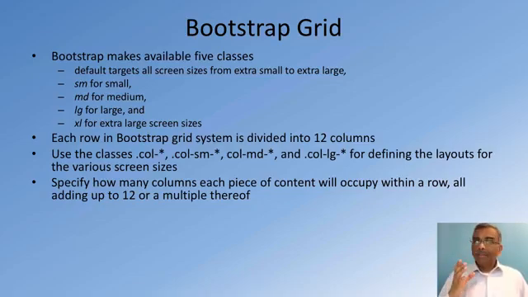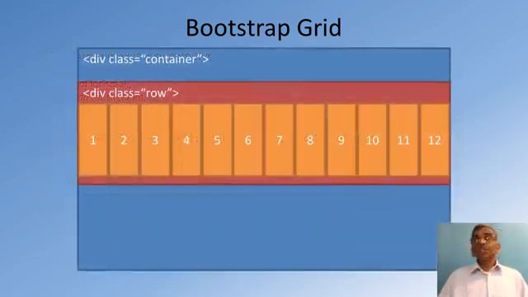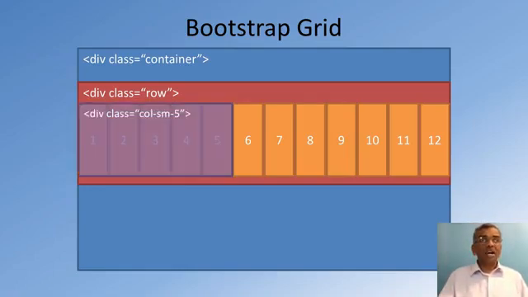Now, these column classes are used to specify exactly how many columns in a row each piece of content will occupy. How does this work? We'll see that in the next slide. So going back to our Bootstrap grid, suppose we have a piece of content and we want to lay it out. We can specify that the content is enclosed inside another div to which we apply a column class, like for example, col-sm-5.